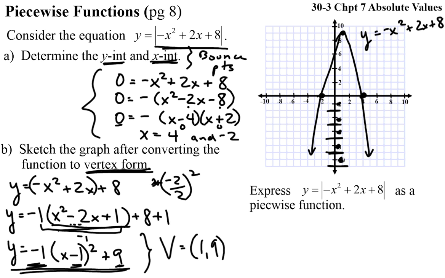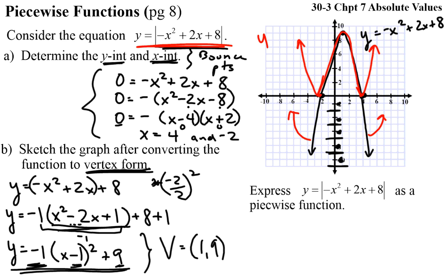Well, how would I get then the absolute graph? Well, the absolute tells us that our y values can't be negative. So at our bounce points, we're happy with these values, but instead of going into the negatives, now we bounce and reflect these points up.